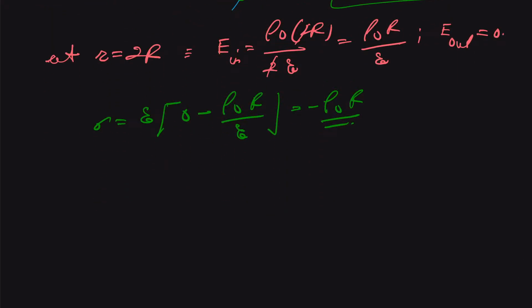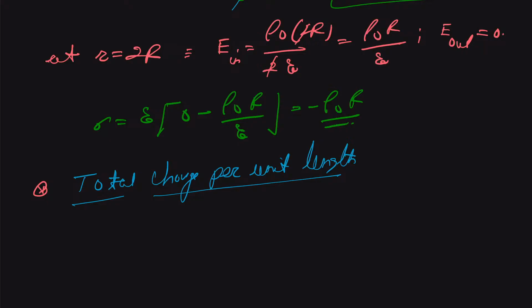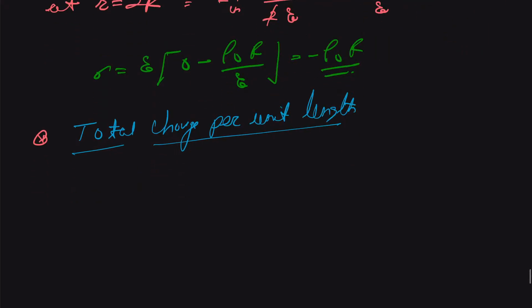Now we come to our part B, which states to find out the total charge per unit length. Okay. And in particular, one thing we are very sure of is that for all values of r greater than 2R, our value of electric field is equal to 0.